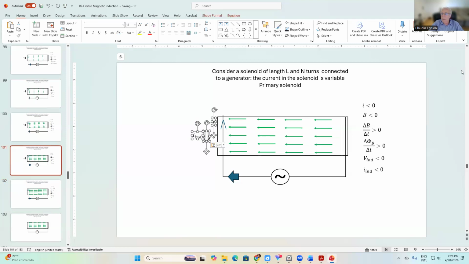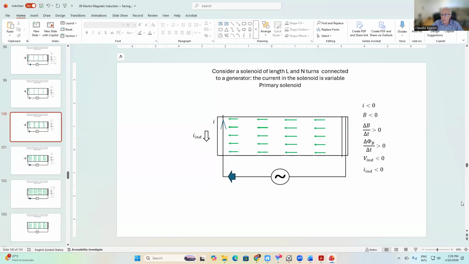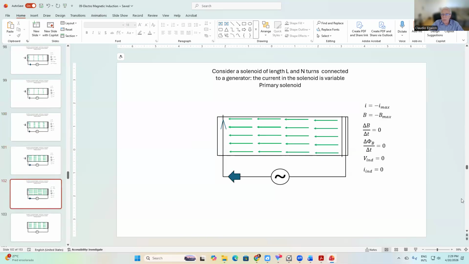Now my induced current is going to be 0.